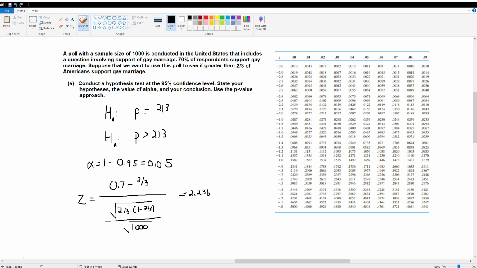And this is going to give you a test statistic of about 2.236. Now, some of you might look at that and think, wait a minute, I got 2.214. Where'd this come from? Well, if instead of using 2/3, you put in 0.667, then you would have gotten 2.214. But in that case, they're only off by 0.002.